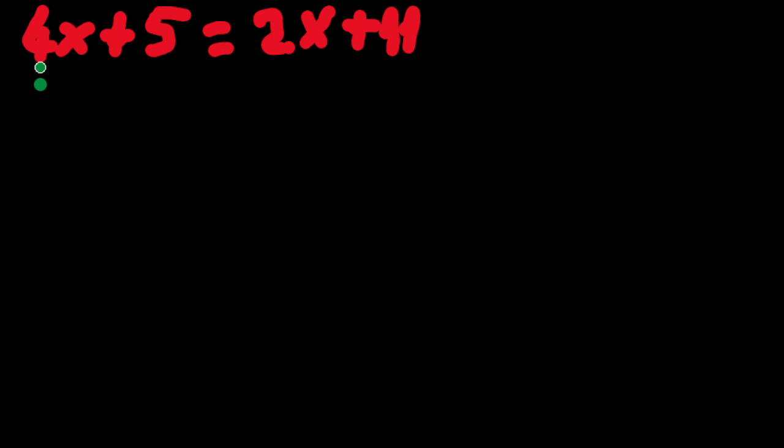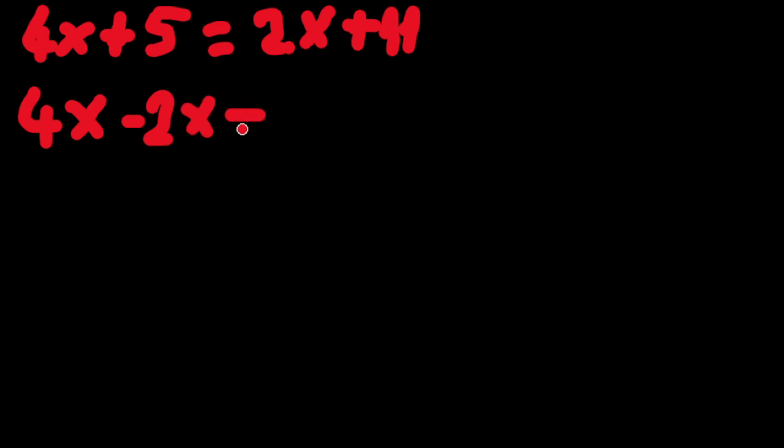So 4x, in here we have a plus 2x, so if we bring it to the other side, to 4x, it's going to be minus 2x, equals 11.